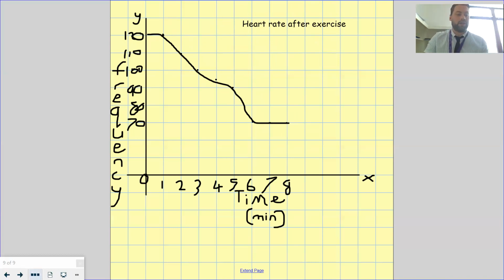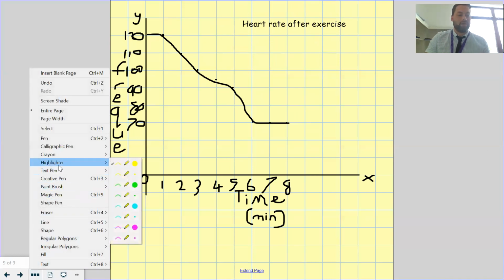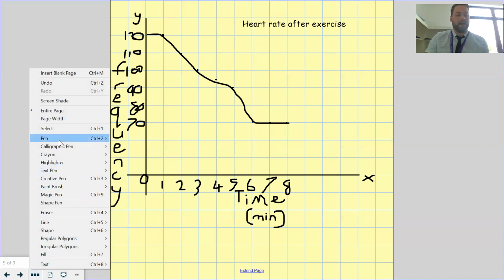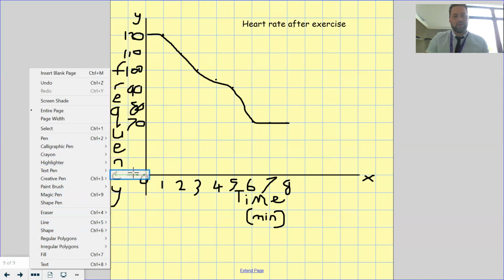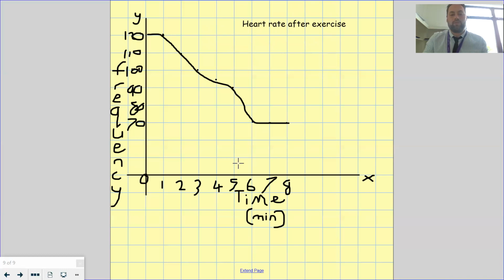But you can also ask questions. You could have questions along the lines of, at 6 minutes, what was the heart rate? So you go up to 6, and where you hit the line, you then draw a horizontal line over, and we can say that at 6 minutes, the heart rate was 70.